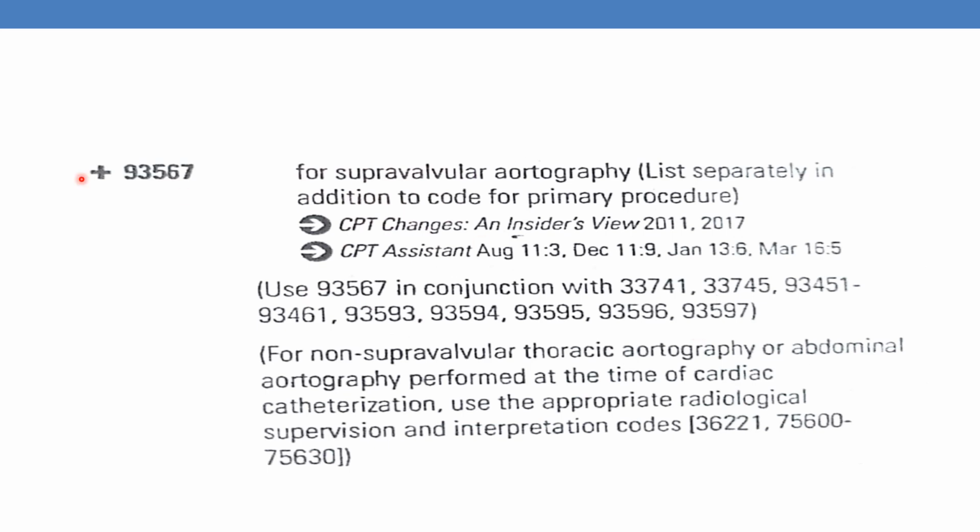Here we are reporting 93567 along with 93452. 93567 is for supravalvular aortography and this is an add-on code, and it must be coded along with the primary procedure. In our question, the primary procedure is 93452.